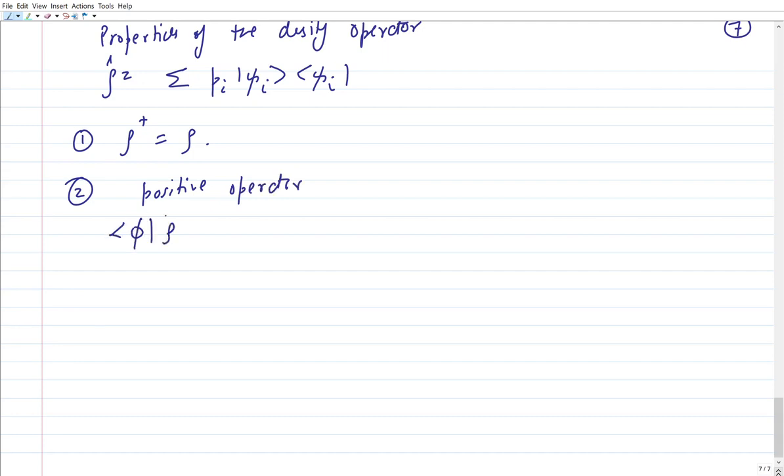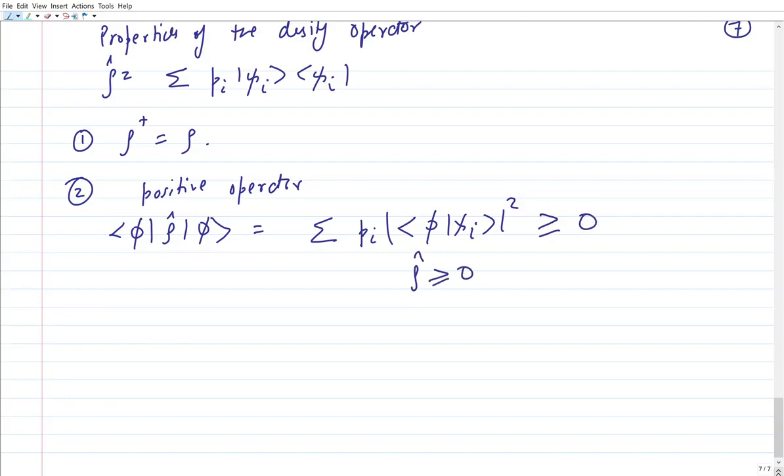That means the following. Essentially, this implies it's a positive operator. So the inner product sandwiched between these two has to be greater than 0. It's normalized. That means trace of rho is equal to 1. And why? Well, essentially because the probabilities have to be conserved. This is a probability I'm expressing over, so it has to be conserved.